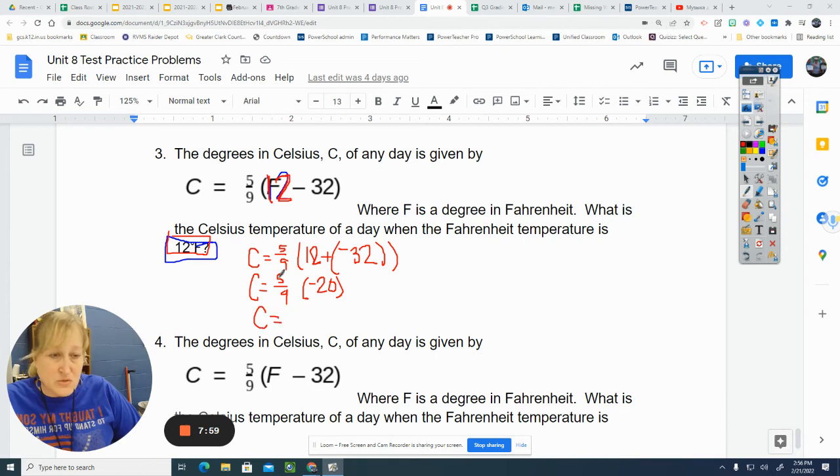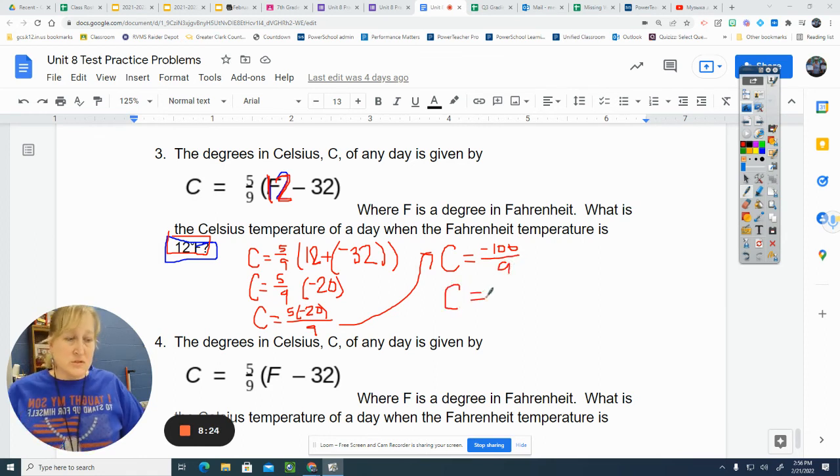C equals, remember the next step is to just multiply these two together. You're going to rewrite it. 5 times negative 20 all over 9. And you're going to multiply 5 times negative 20. So C equals negative 100 divided by 9.